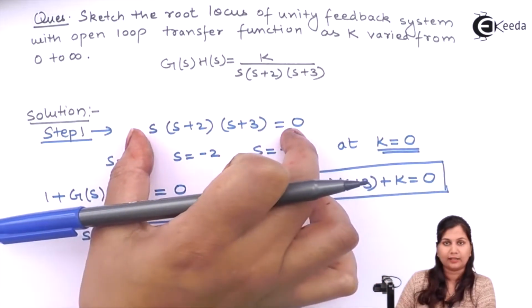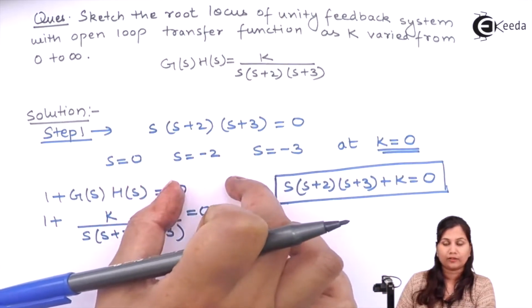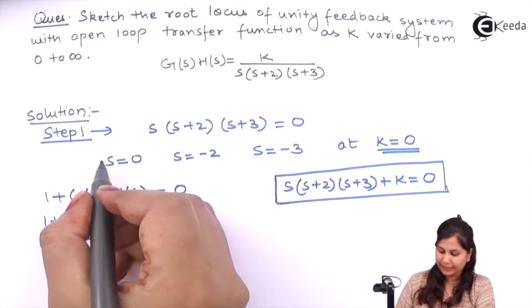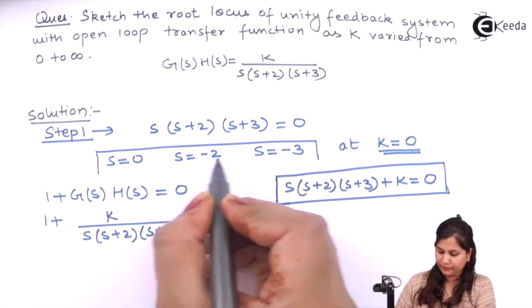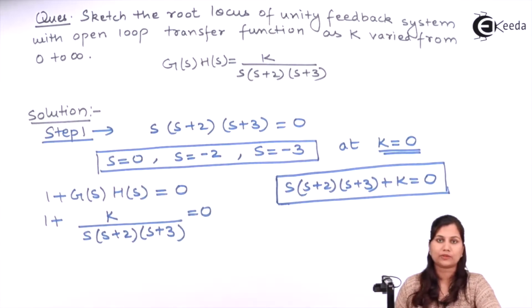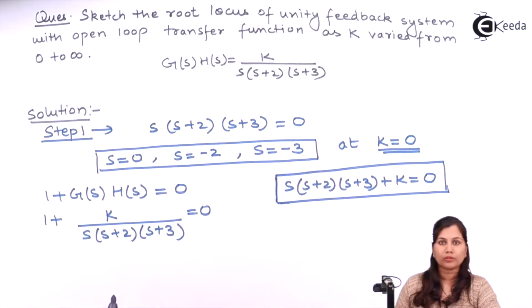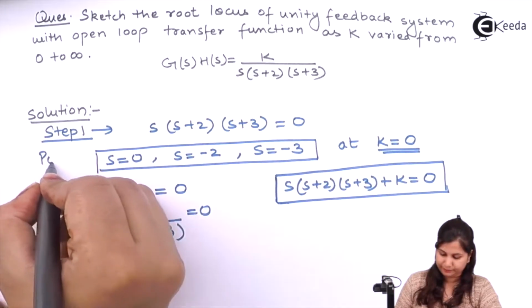Now take out the roots of this equation. We are getting 3 roots: s equals 0, s equals minus 2 and s equals minus 3. So these 3 values are the poles of this system.